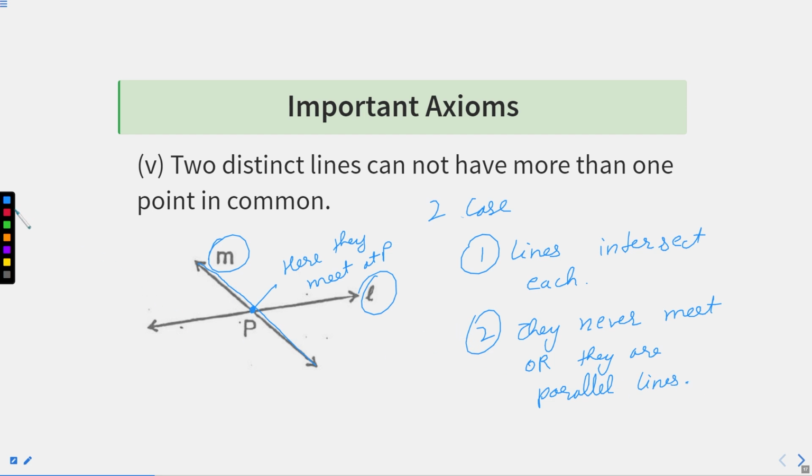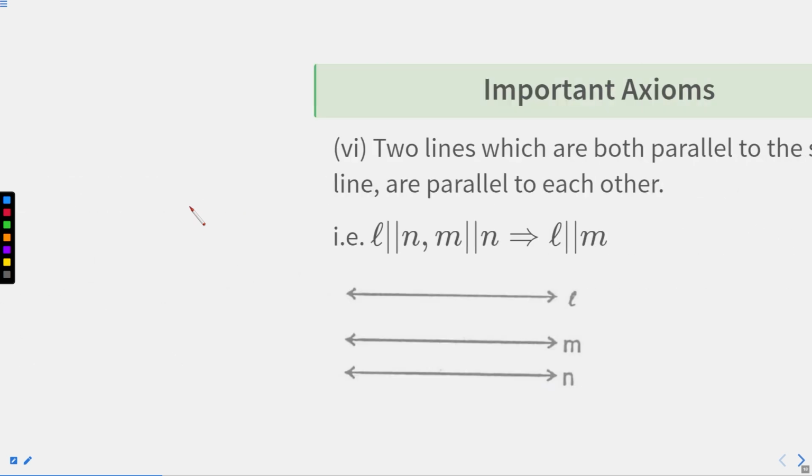So, if they intersect, there will be only one point in common. If they do not intersect, there is no common point. I hope this is clear. The fifth axiom is also clear. So now let's move to the next.